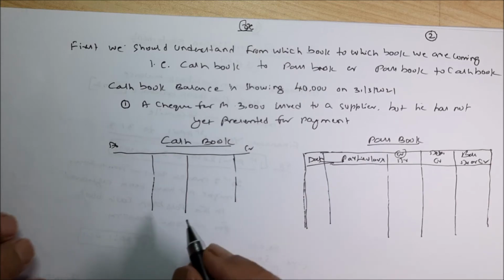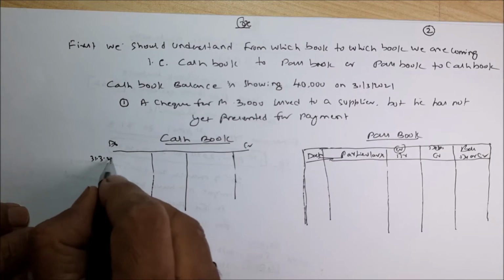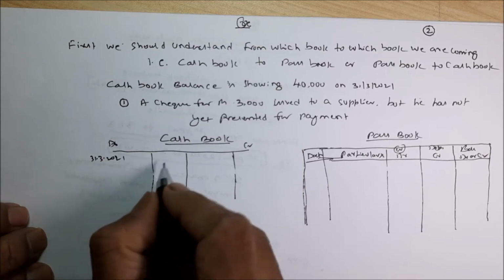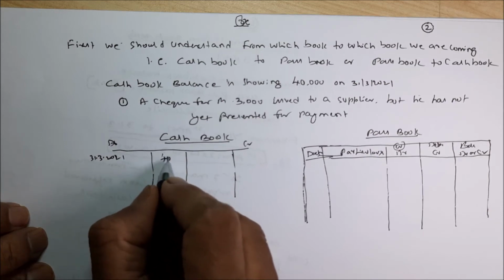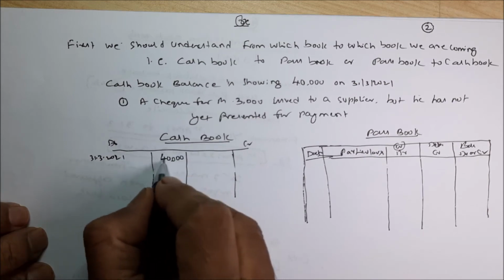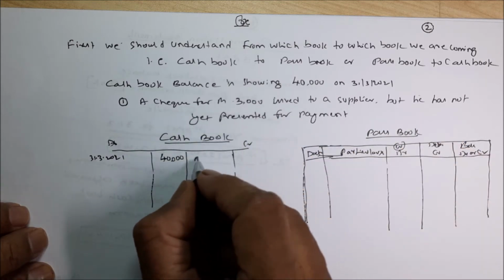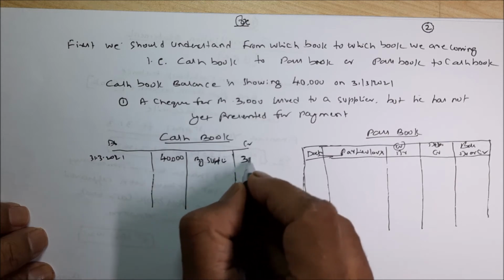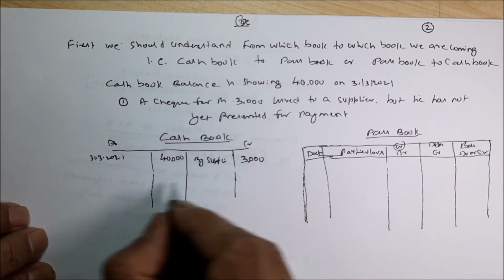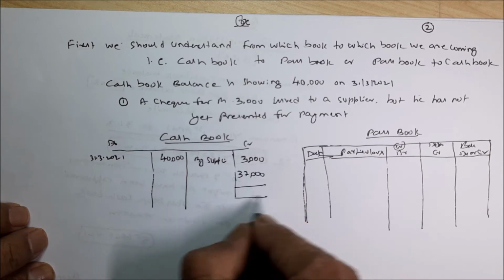Now on 31/3/2021 we had a balance of 40,000. On the same day I issued a check for 3,000 to a supplier. Then it has become 37,000.